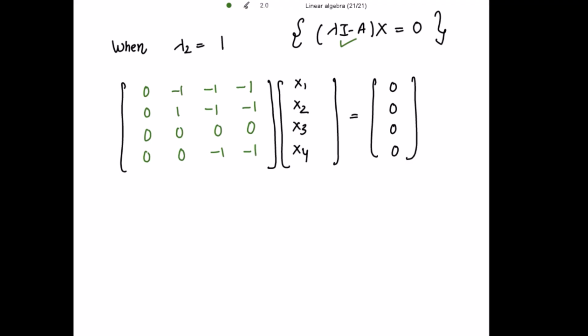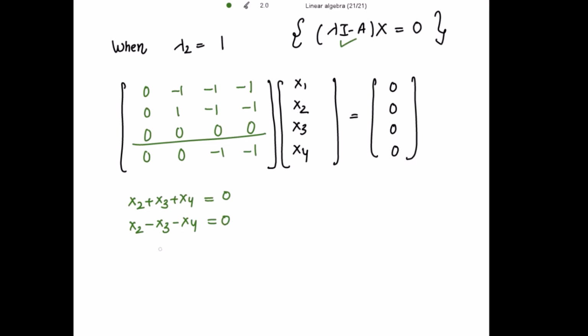And now getting the first equation from this, we get x2 plus x3 plus x4 equal to 0. And then we get x2 minus x3 minus x4 equal to 0. We don't get any third equation from the 0 row.